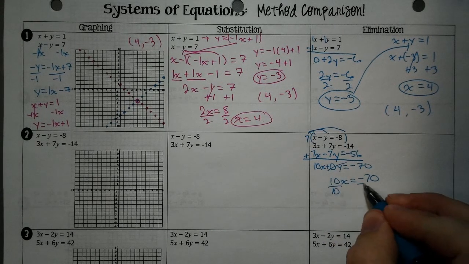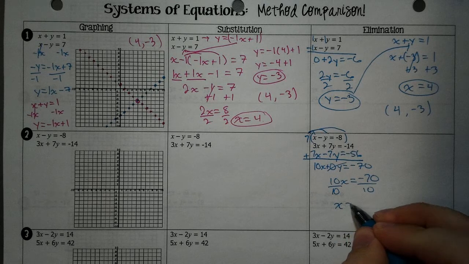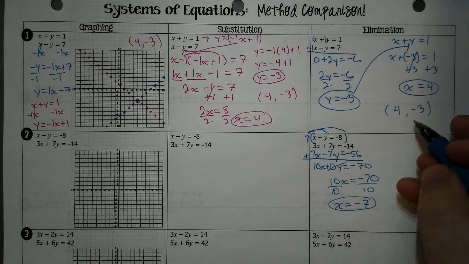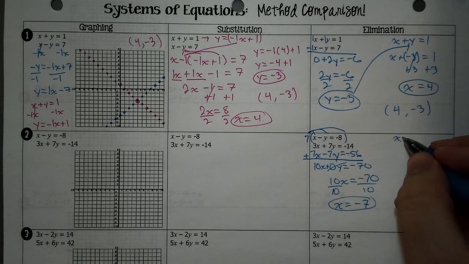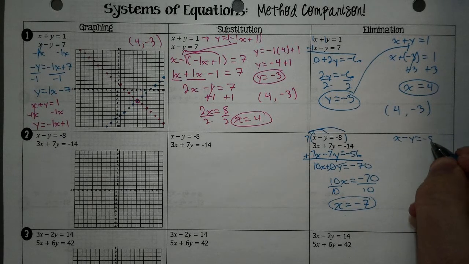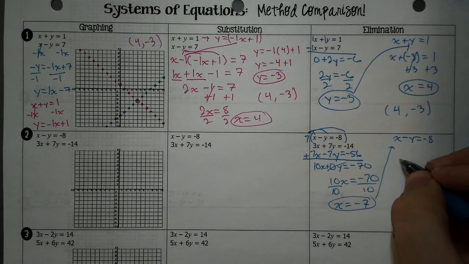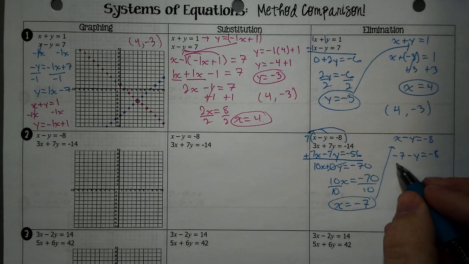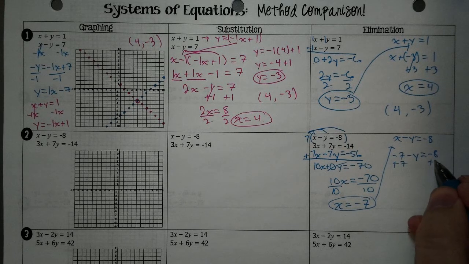Divide by 10, and x is equal to -7. So I've got my -7 for x. I'm going to go back to my original. x minus y equals -8, and I'm going to plug in -7 there. Okay, I need to get y by itself, so I'm going to add 7.